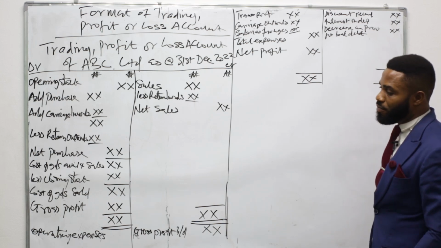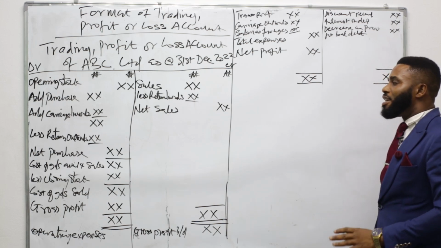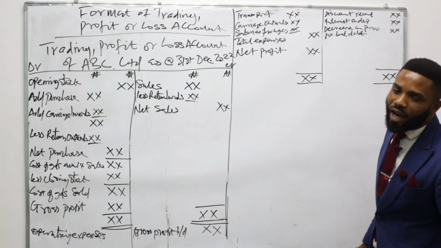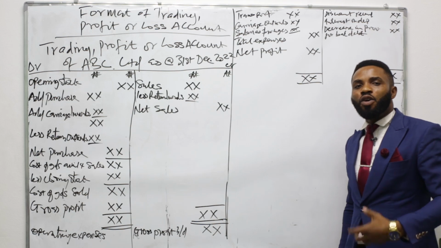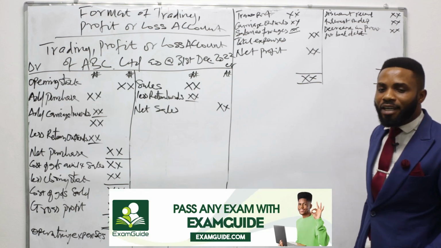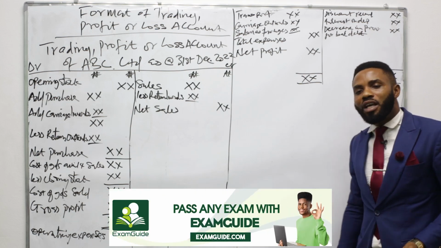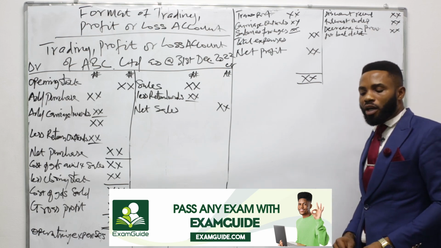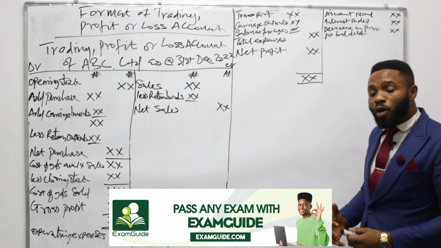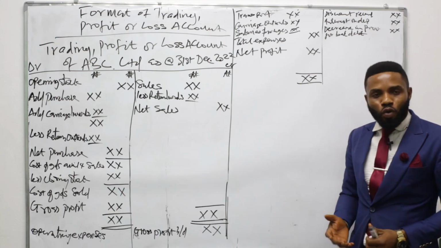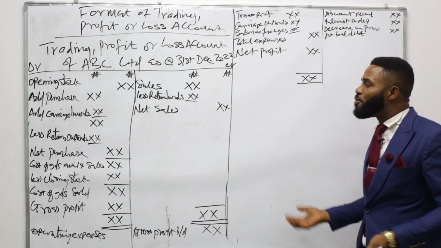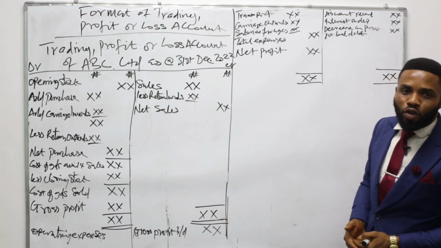Like I said from the beginning, the emphasis is how we'll be able to now use this knowledge we have acquired to solve related questions. We have defined it, we have looked at the items, and we've also looked at the format. At this point, we want to now make progress into some related questions. There are some questions that will now give us a clear view of what we have done so far.